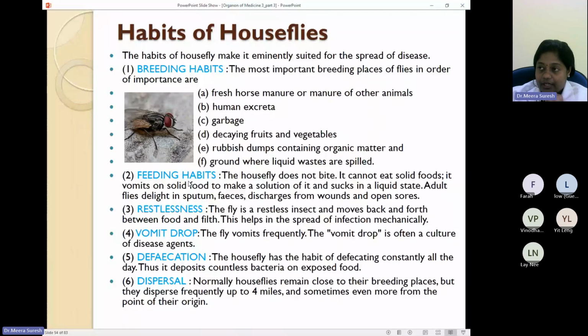But in the case of houseflies, the breeding places exist if we do not keep the surroundings free from solid waste, excreta, garbage, spoiled food, etc. And then, because of their specific feeding nature, the vomiting, the constant defecation, and their restlessness, they spread the diseases.